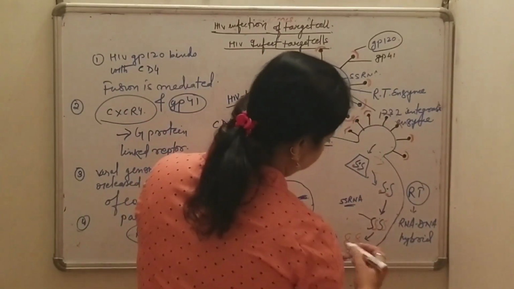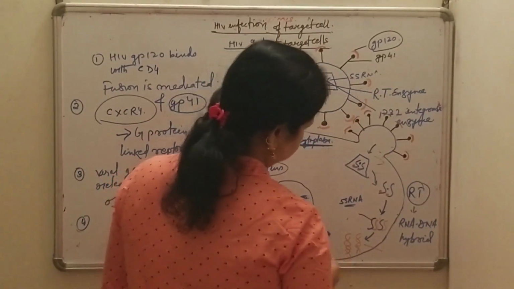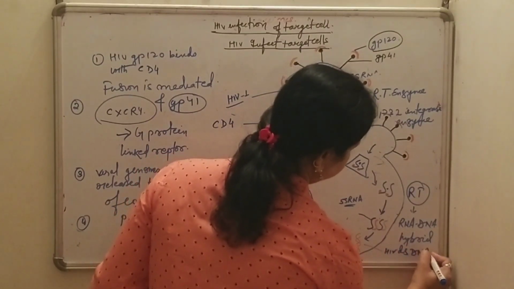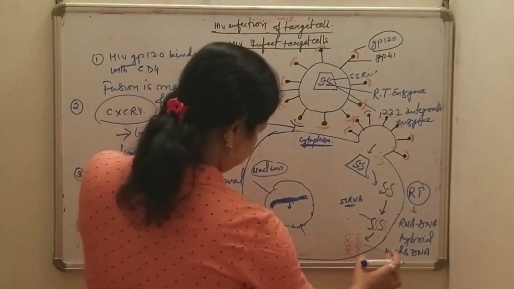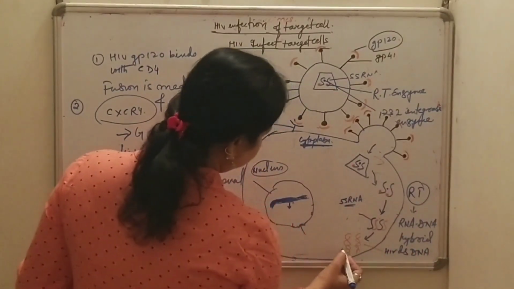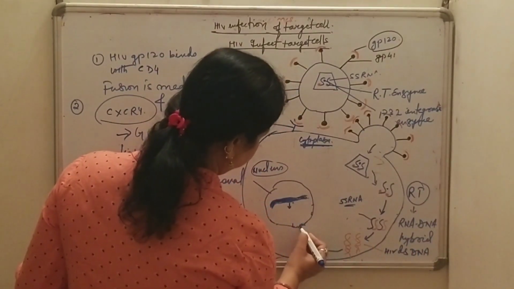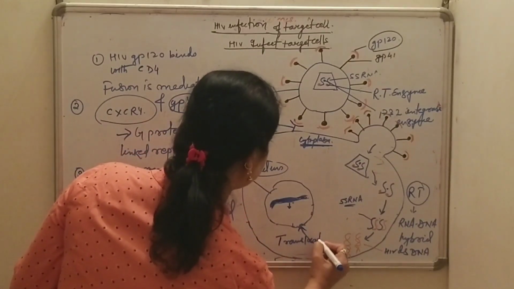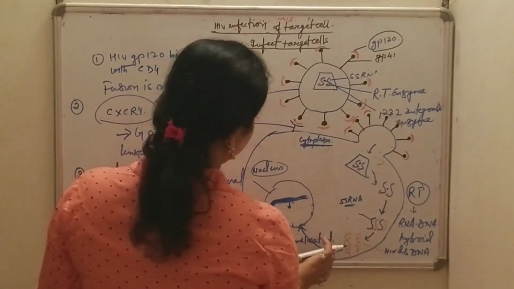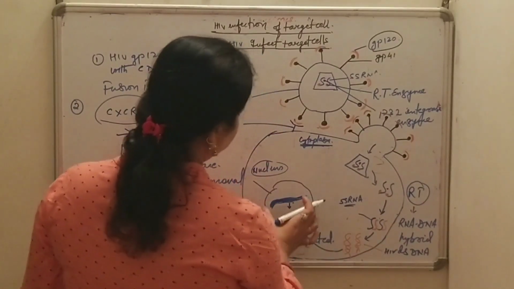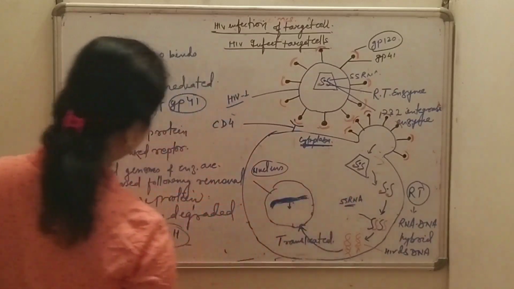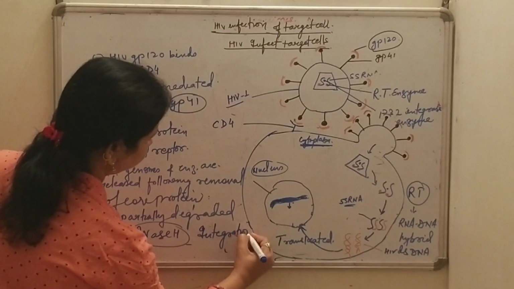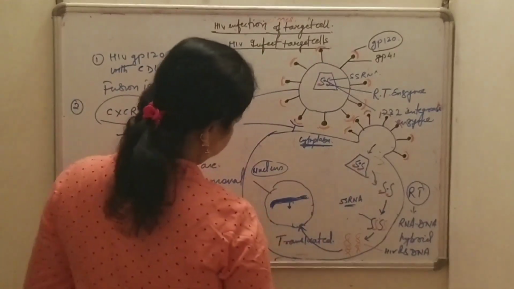So this is the formation of HIV double stranded DNA. Now this DNA will be translocated to the nucleus of the host cell and become integrated into the host cell chromosome. Then integration will take place.